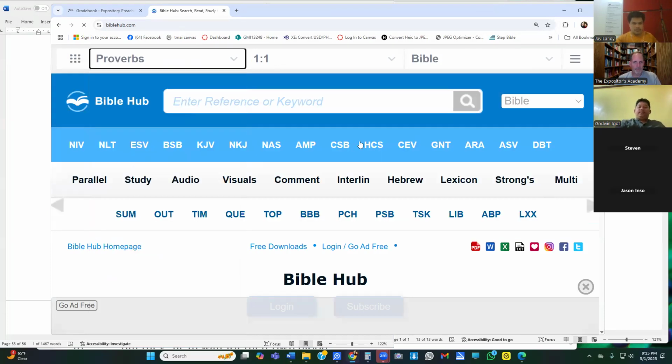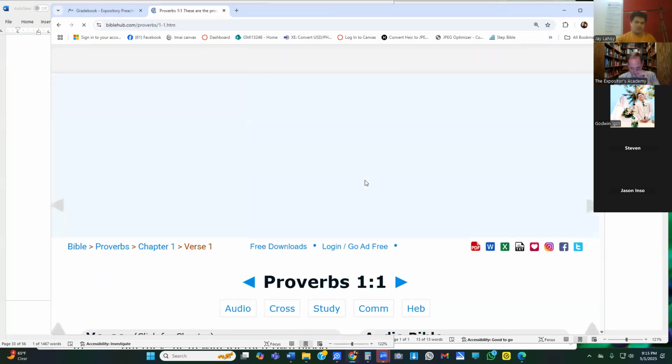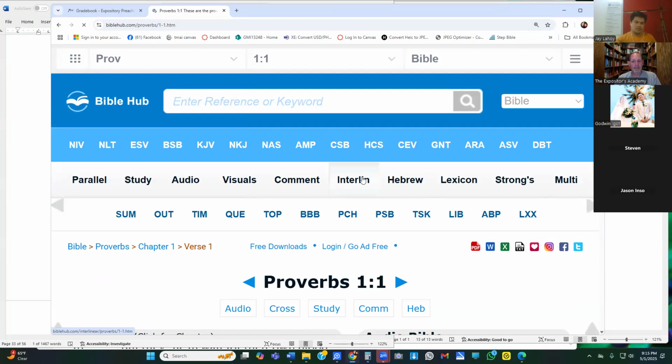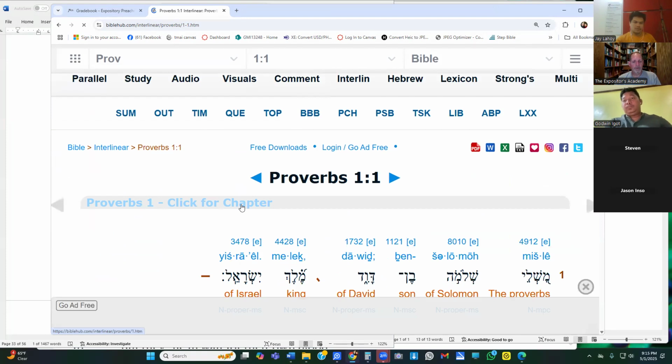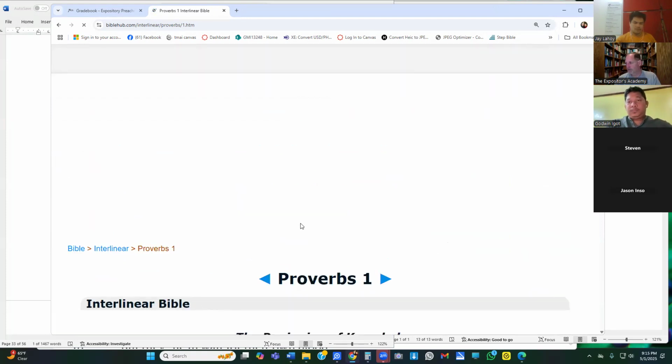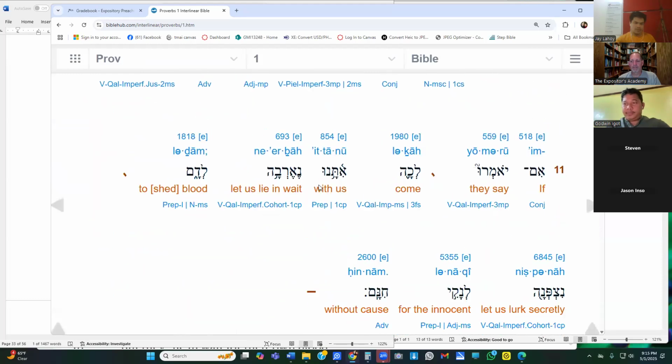We'll go to Proverbs, then interlinear, click for the chapter so I get all the verses, and then verse 13.